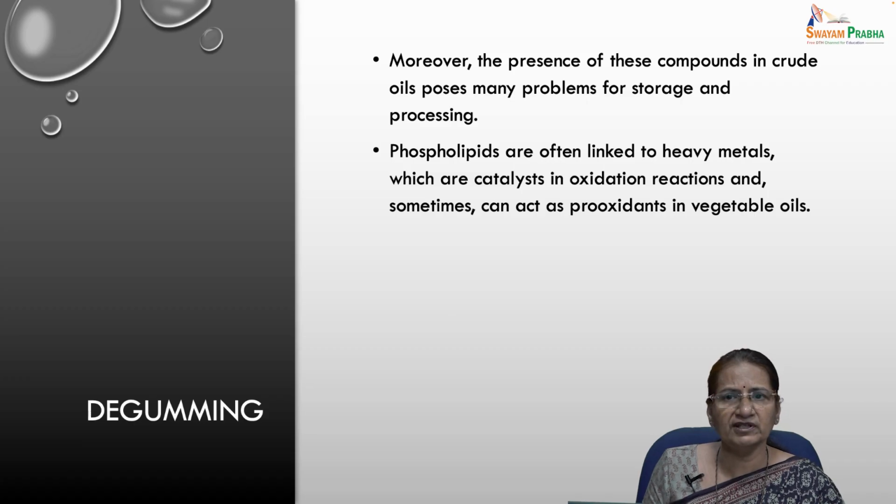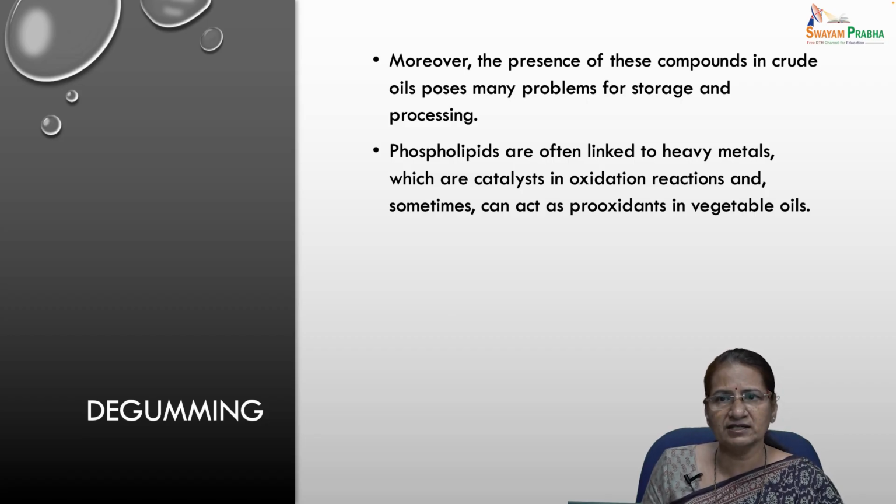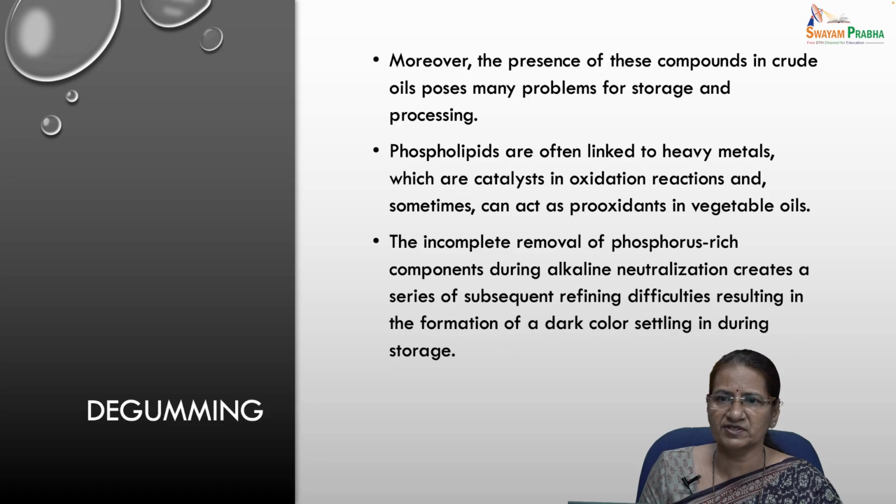Phospholipids are often linked to heavy metals, which are catalysts in oxidation reactions and sometimes can act as pro-oxidants in vegetable oils. The incomplete removal of phosphorus-rich components during alkaline neutralization creates a series of subsequent refining difficulties, resulting in the formation of a dark color settling in during storage.